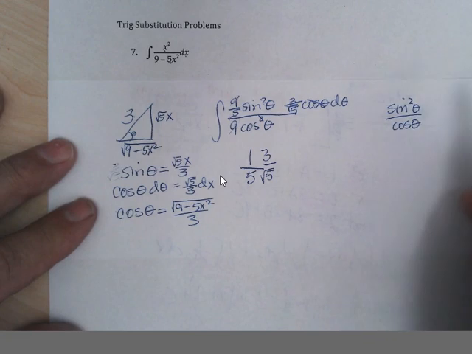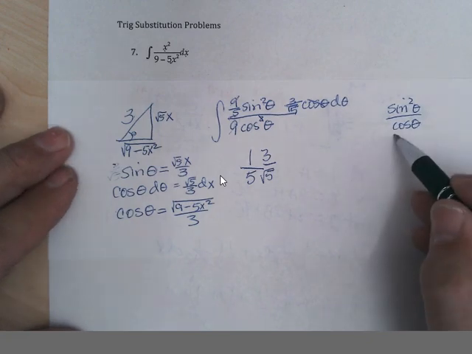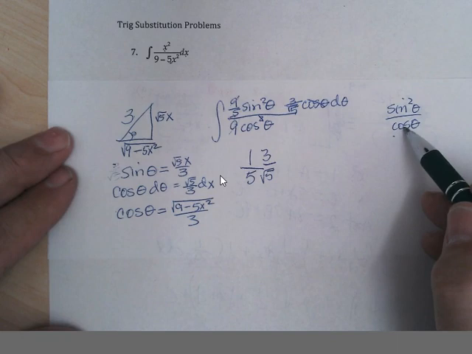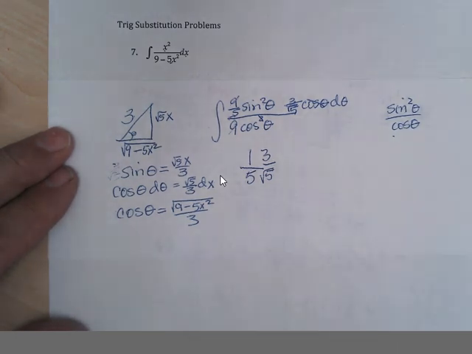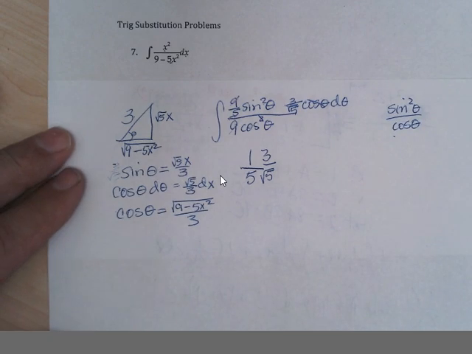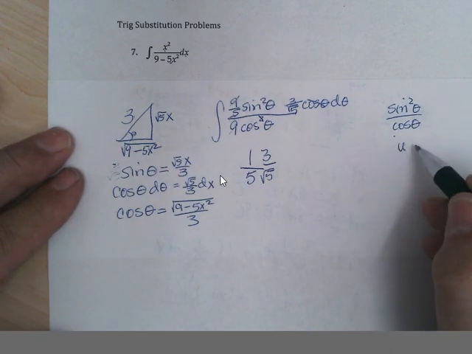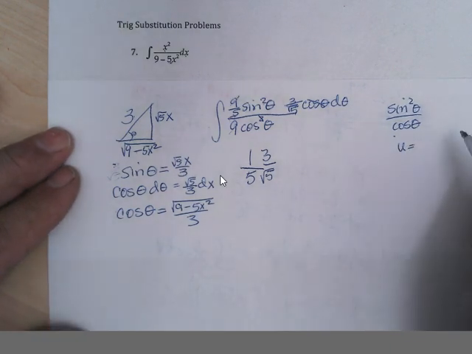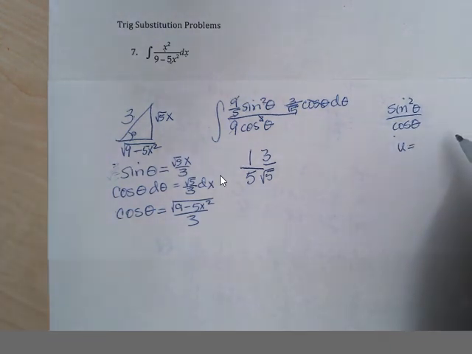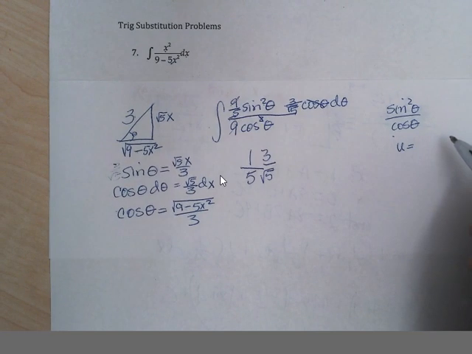But sine over cosine is tangent. That's not going to cancel very well. See, what should I let u be? I think I can do this with a u sub if I make a good choice here. Let's say let u be, thinking about this.